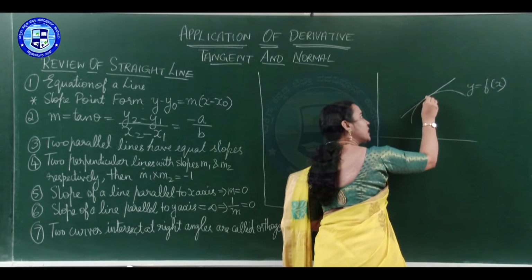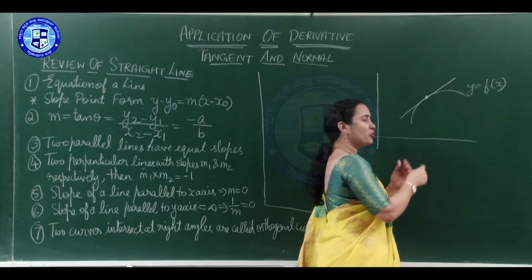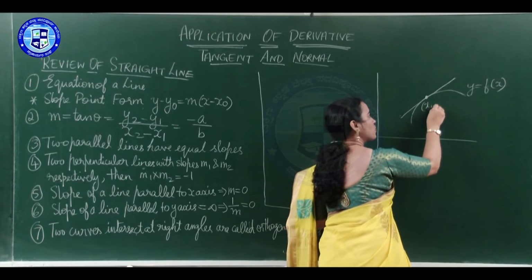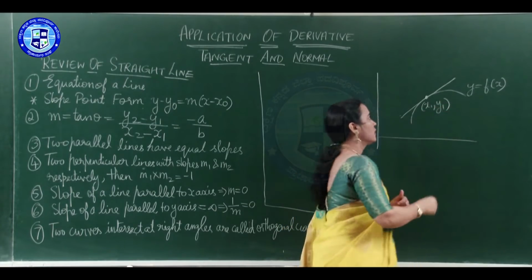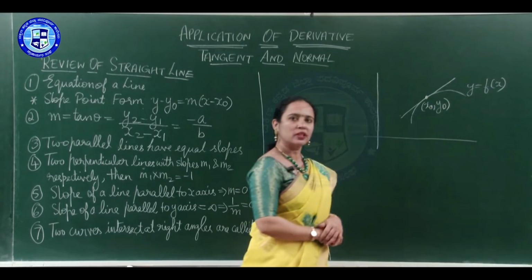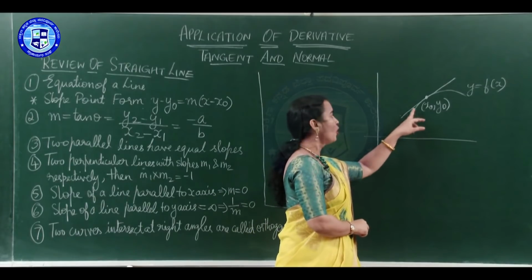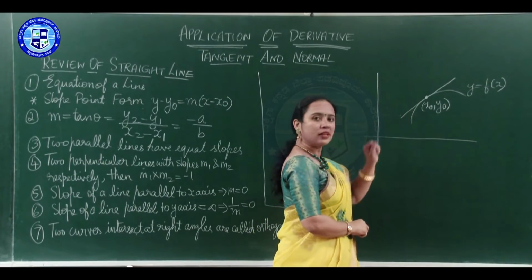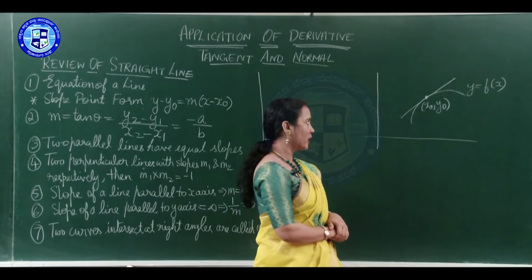Let us take this point as the point of contact, x naught, y naught. So there is a common point of the tangent and the curve, which is x naught, y naught.